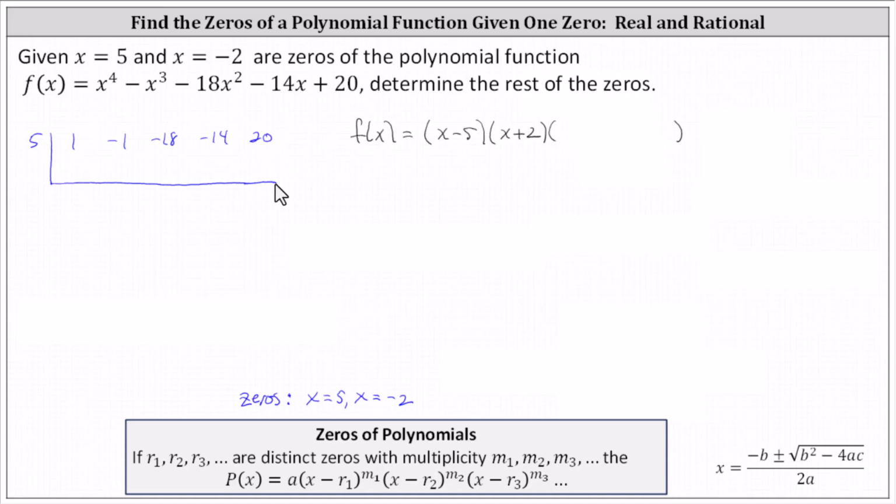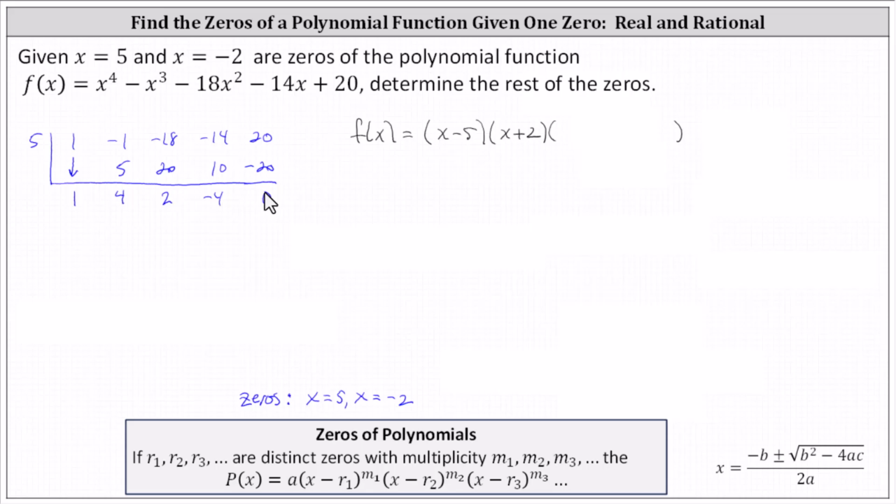And now to perform synthetic division, we bring down the 1, multiply by 5, 1 times 5 is 5, and then we add, negative 1 plus 5 is 4, multiply by 5, 4 times 5 is 20, add, negative 18 plus 20 is 2, multiply by 5, 2 times 5 is 10, add, negative 14 plus 10 is negative 4, multiply by 5, negative 4 times 5 is negative 20, add, and we have a remainder of 0, which is what we expect because x minus 5 is a factor.